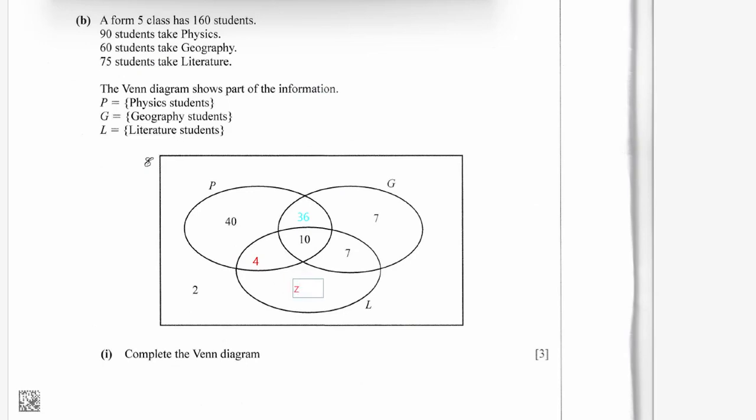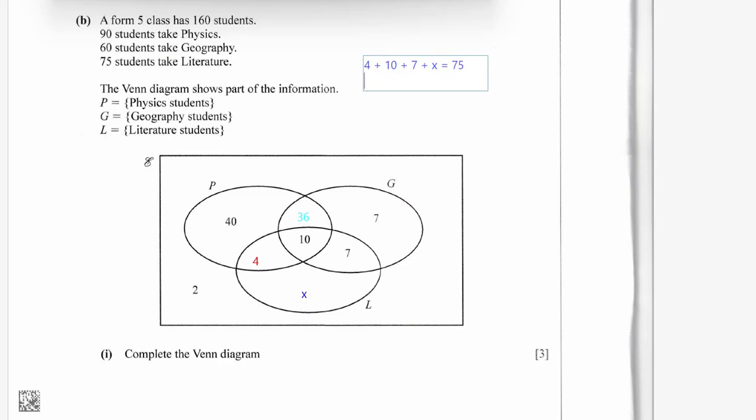Let's call this number X, which means for literature you now have 4 plus 10 plus 7 plus X. This must give you the total number taking literature, which is 75.